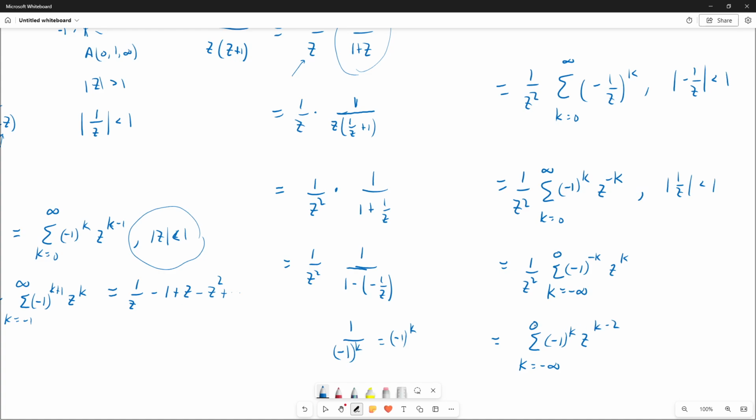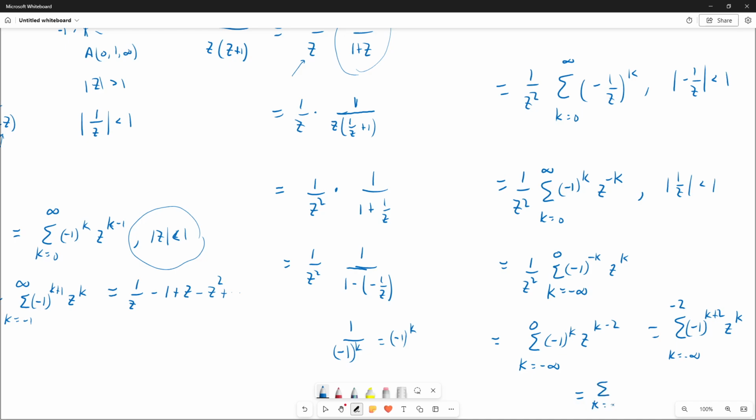And now I would like to have this just say z to the k. So when k is 0, we get a -2 here. So we could do summation k from -infinity to -2 of -1 to the k plus 2 times z to the k. That should be the exact same series as this one. And -1 to the k plus 2 is the same as -1 to the k.